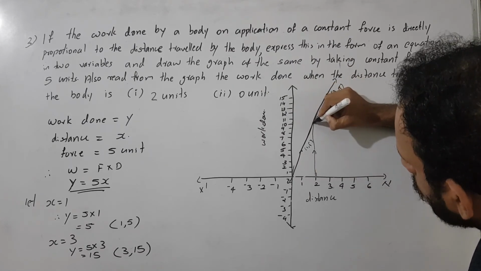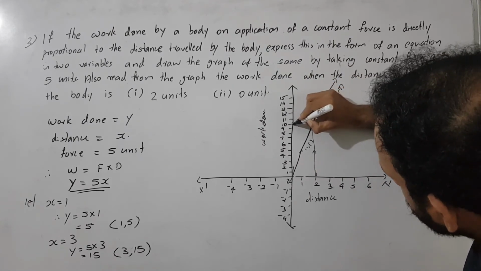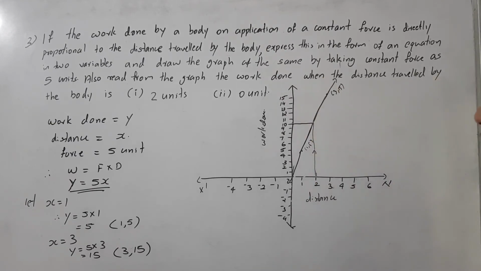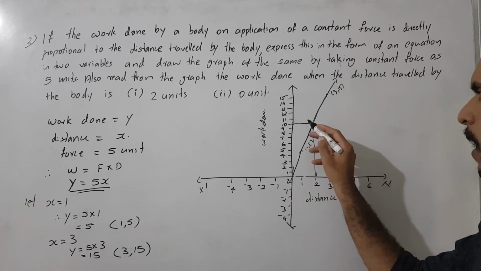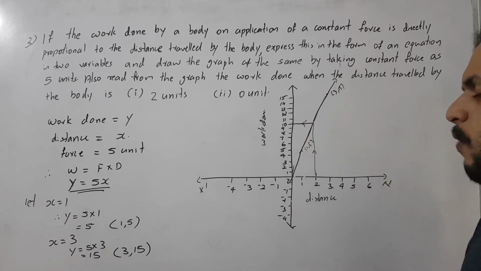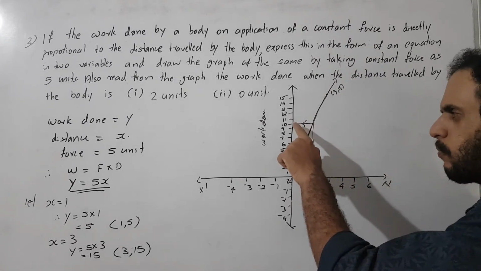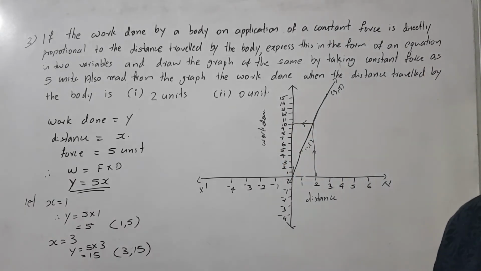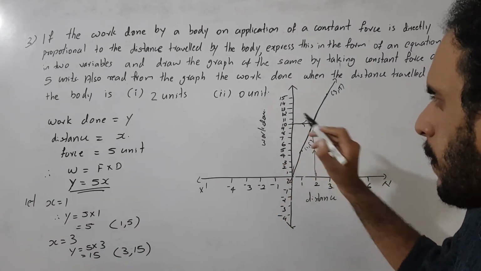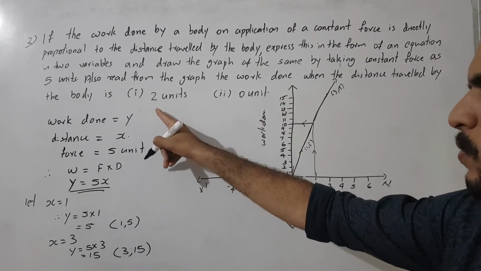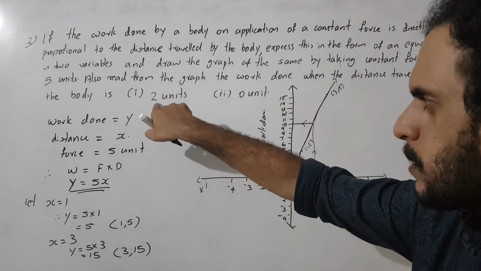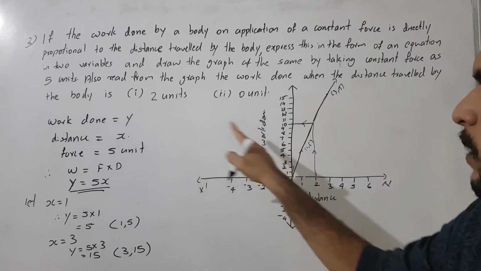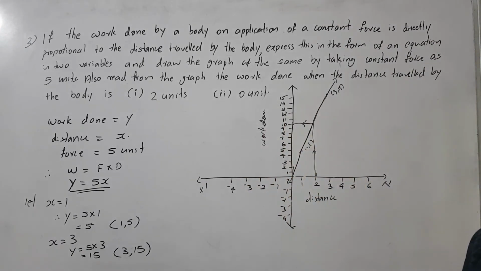From this point we draw to the y axis. Where does it meet the y axis? It meets at the number 10. So what is the answer of the first one? If the body travels 2 units, the work done is equal to 10 units.